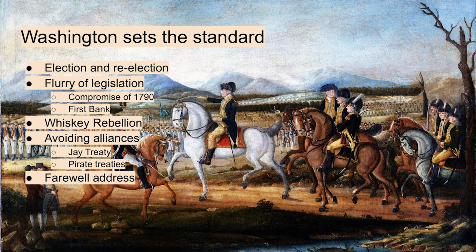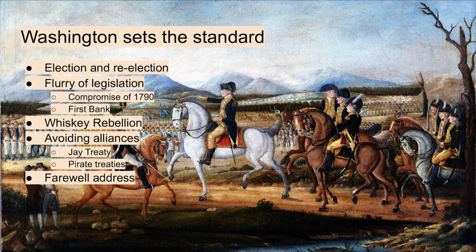And they also start treating with the pirates, specifically sending money to the Barbary pirates. All of this was actually seen as kind of a failure of the Washington administration.